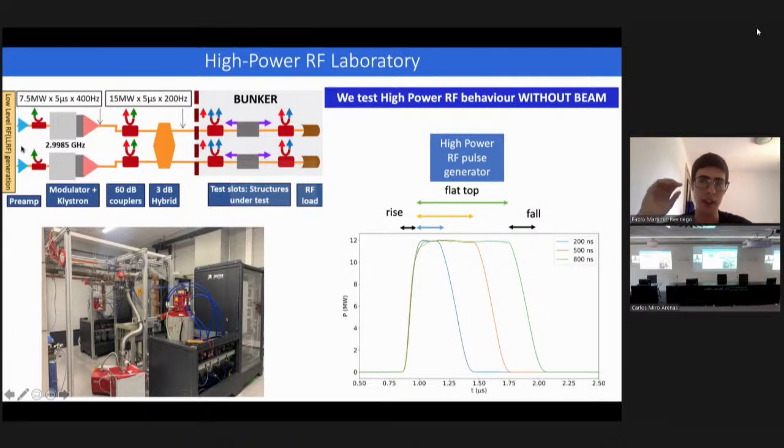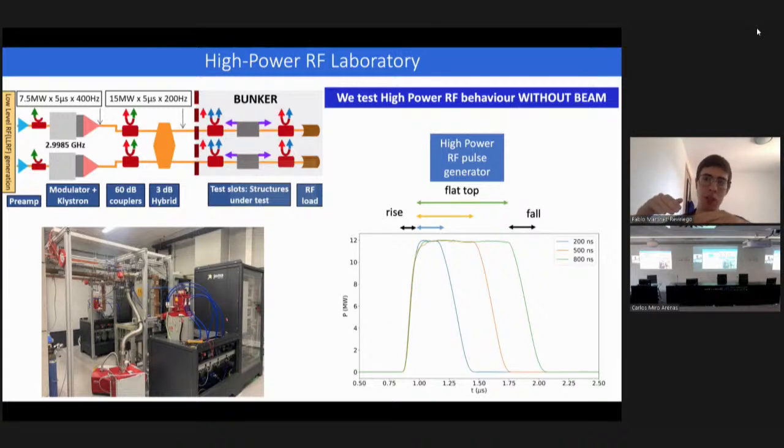Then you amplify it with a solid state amplifier, and you can reach up to around 400 watts. And then you use this modulator and klystron. A klystron is basically an accelerator that works in the opposite way. In an accelerator, normally you introduce power to accelerate your particle beam. A klystron is the opposite.